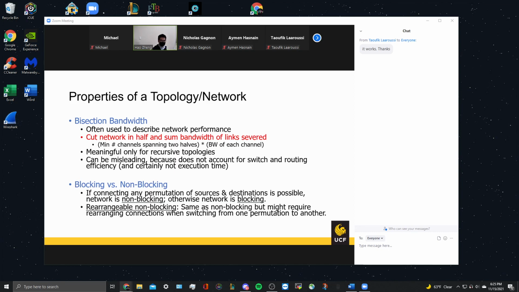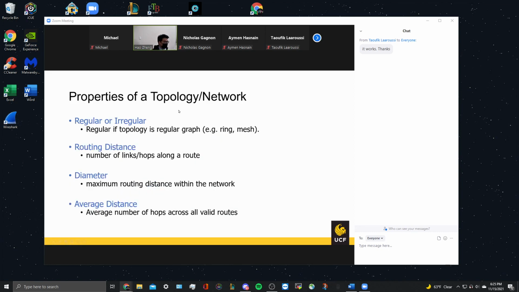There is also rearrangeable non-blocking. We will discuss this later because if it's just based on the description, it's hard to understand. But for all of these performance metrics, we definitely need to consider them. Why? If you are using Google Maps to give you an estimated arrival time, you also need to consider the distance, how many miles between your home and the campus.